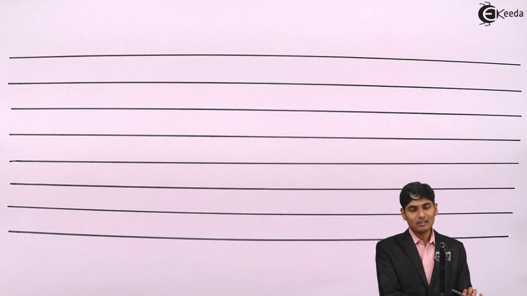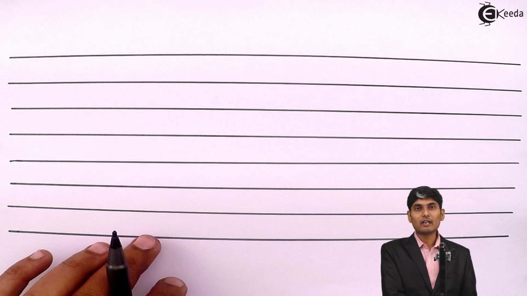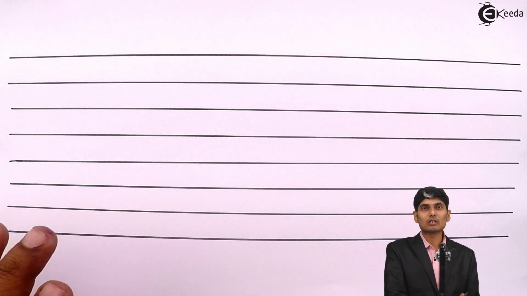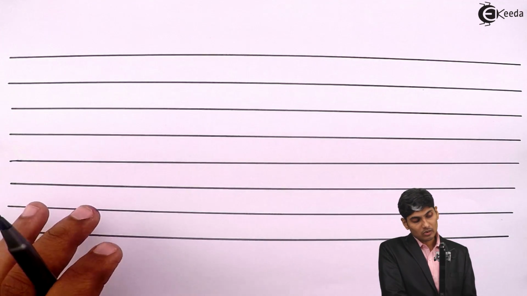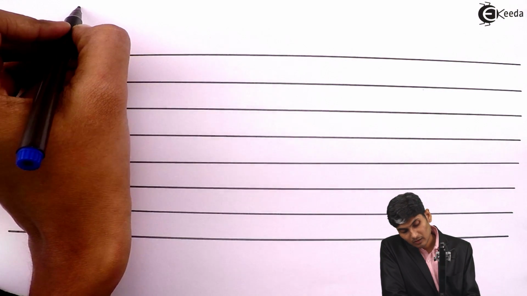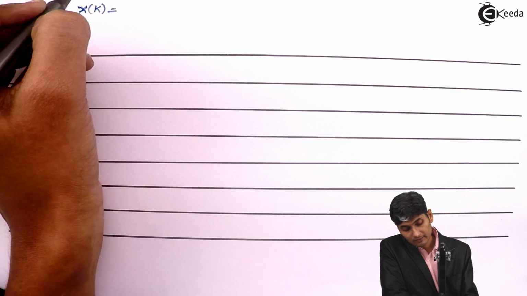Hi friends, let us see how to use an IFFT flow graph to solve a given problem. So let us consider a problem. In the problem the input will be X(k) instead of x(n).